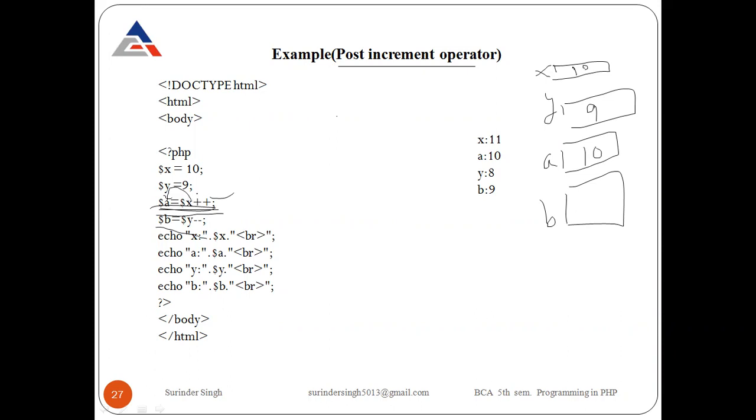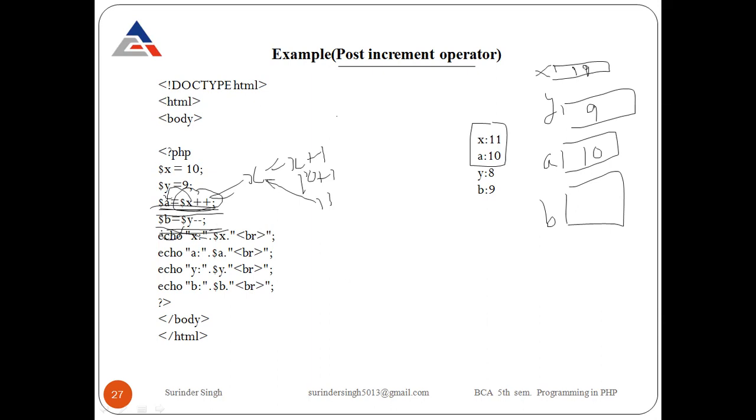After this, the value of the variable will be incremented. x = x + 1. Okay, 10 plus 1, 11, and 11 will be assigned to x. Now x has value 11. And in the second statement, we are decrementing y by post-decrement. Clear? First, the value of the variable will be used for the operation.